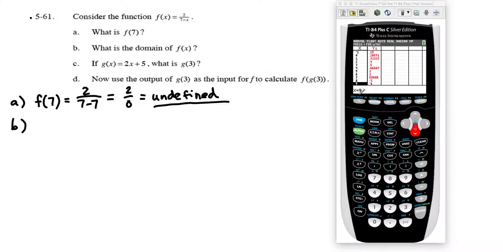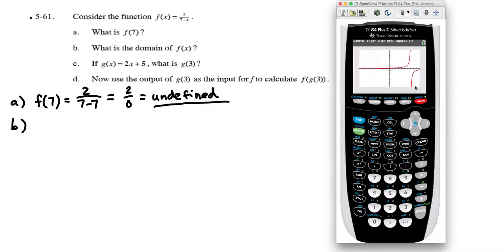Well, as you look at the graph here, we can plug in any value here for x all the way up to where we get right up to 7, but we can't plug in 7 as we already saw there. And then we can plug in anything greater than 7 here. So we're going to go on and on forever to the right, we're going to go on forever to the left, but we just can't plug in 7.